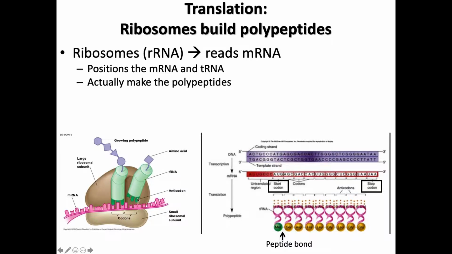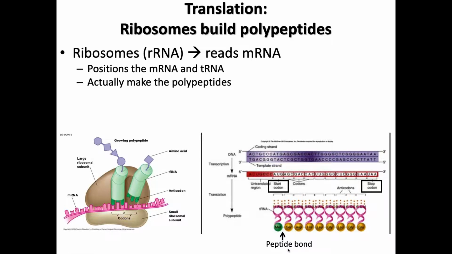Then this ribosome is going to bond the amino acids together through a peptide bond. So this amino acid is bonded to this amino acid by a peptide bond. This amino acid is connected to this amino acid by a peptide bond, etc., etc. And remember, these peptide bonds are strong covalent bonds, and we want that because you want your protein intact. You don't want these peptide bonds to be weak and be able to break apart easily.